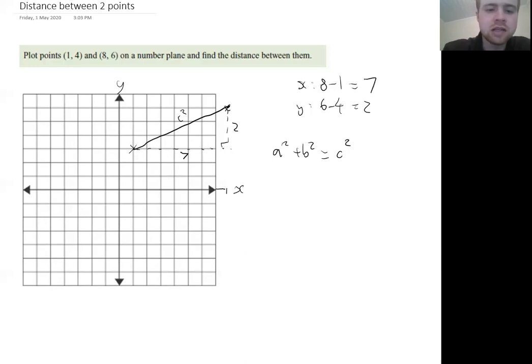So here, a squared can be 7 squared, b squared can be 2 squared, equals c squared. Now let's simplify this. 7 squared becomes 49. 2 squared becomes 4. So c squared is going to be 53, and we're going to need our old mate calculator.